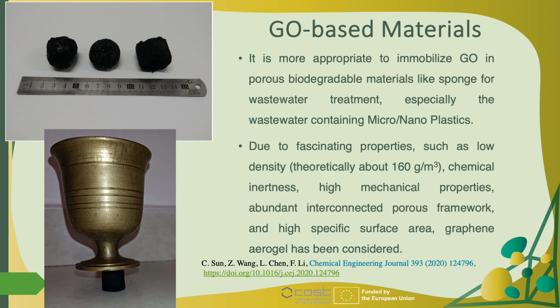Graphene aerogel has been considered due to fascinating properties such as low density, theoretically about 160 grams per meter cubed, chemical inertness, high mechanical properties, an abundant interconnected porous framework, and high specific surface area. And this depends on the drying methods.